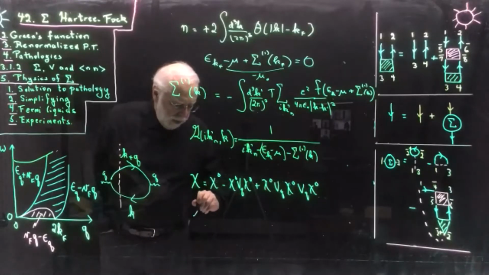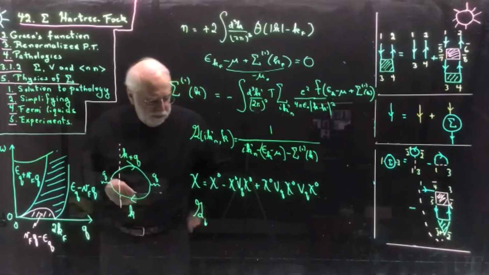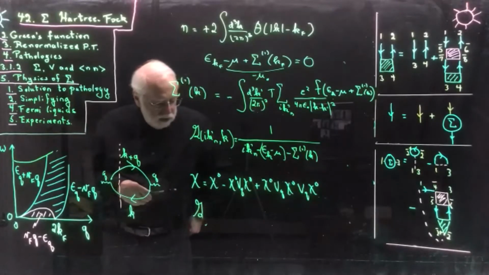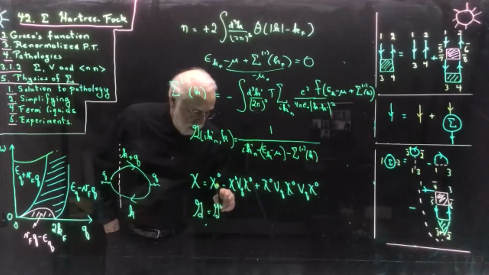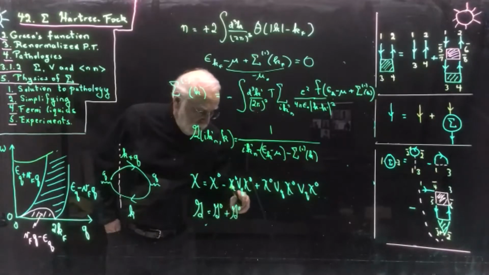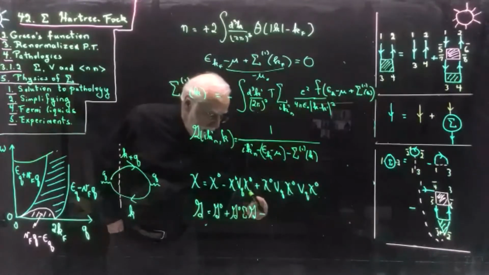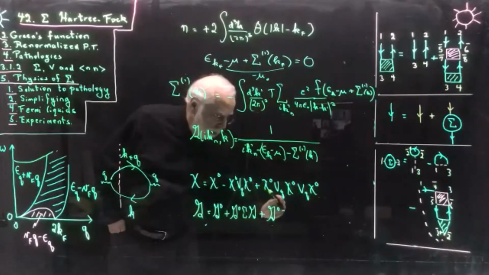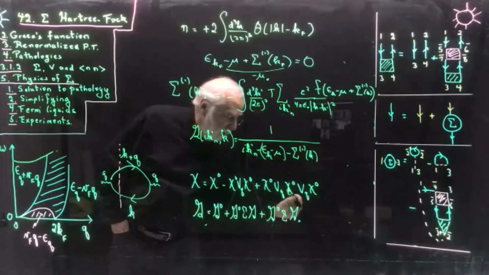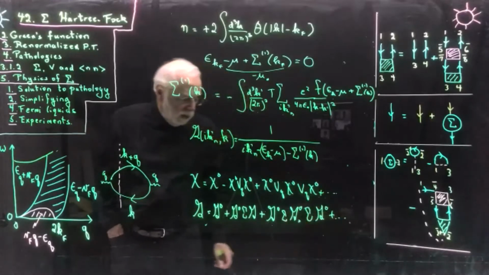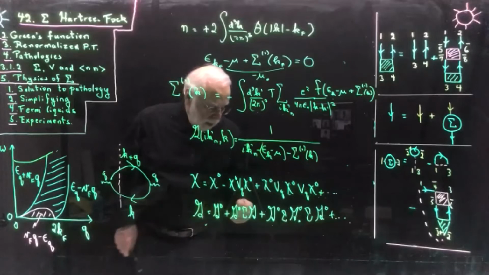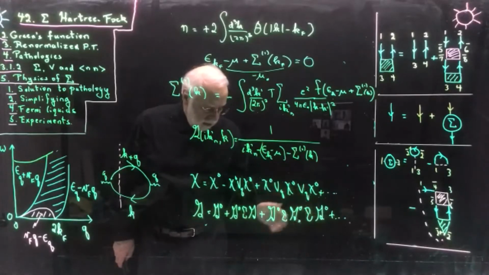But this should be compared with what happened with the Green's function. You know, the Green's function G was also G0 plus G0 sigma G0 plus G0 sigma G0 sigma G0, plus etc. It was less obvious in this case, but that's also problematic here.